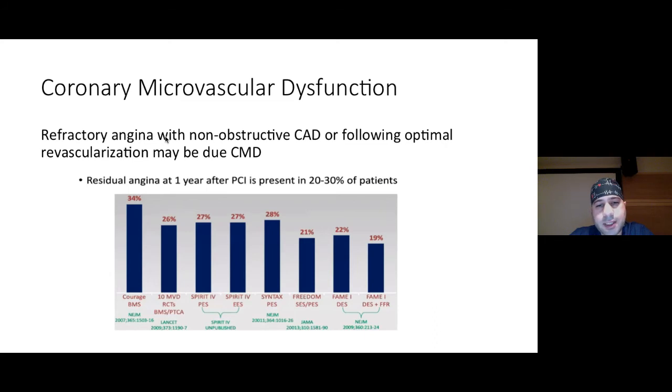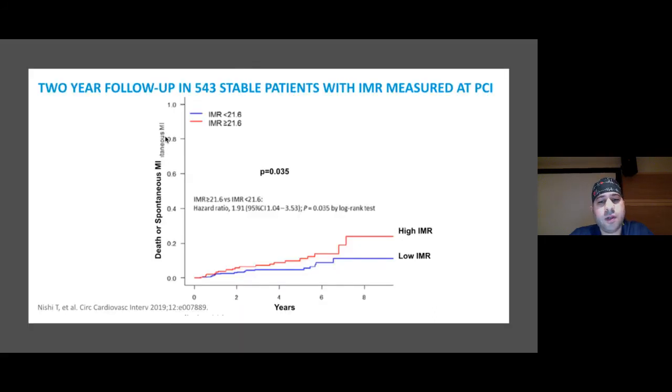So this is a paper published in 2009 looking at CMD in patients that had obstructive coronary artery disease. They did a 2-year follow-up in 543 patients with stable coronary artery disease treated with PCI, and they measured their IMR at PCI.